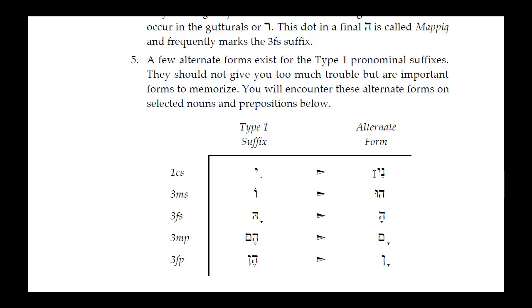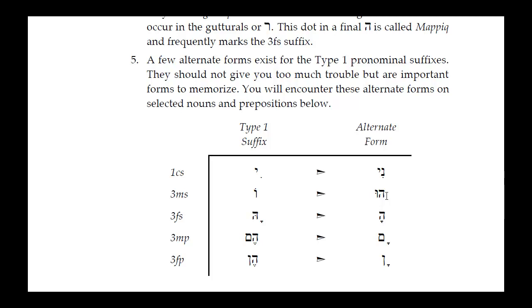This is my or me. This is ni, the alternate form. You have a nun and a hireq yod. That could either be my book or to or for me if it's being used upon a preposition or for a direct object. We have holam and vav for him, and we have hu for him.